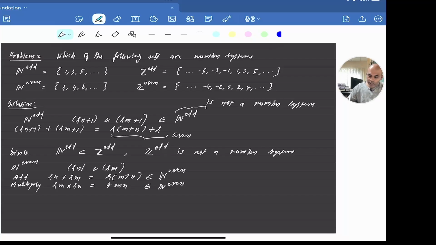You can try this case by looking at negative numbers. For example, we have shown that N even is a number system, but how do we show that Z even is also a number system? For that, let's consider negative natural numbers, negative of natural numbers.